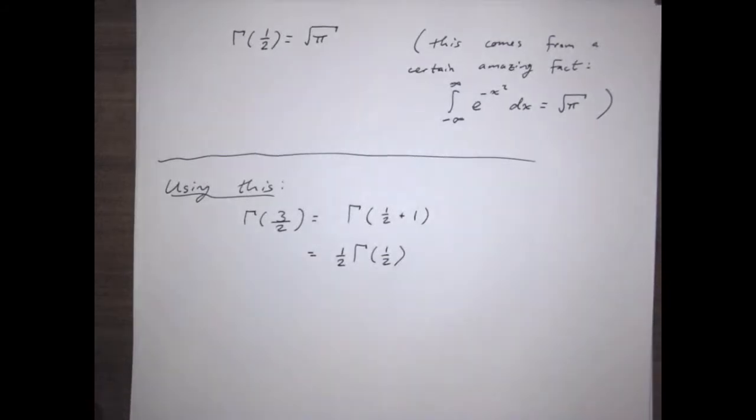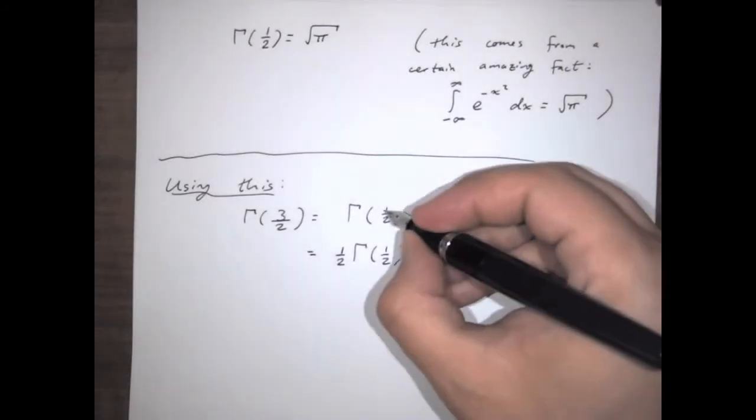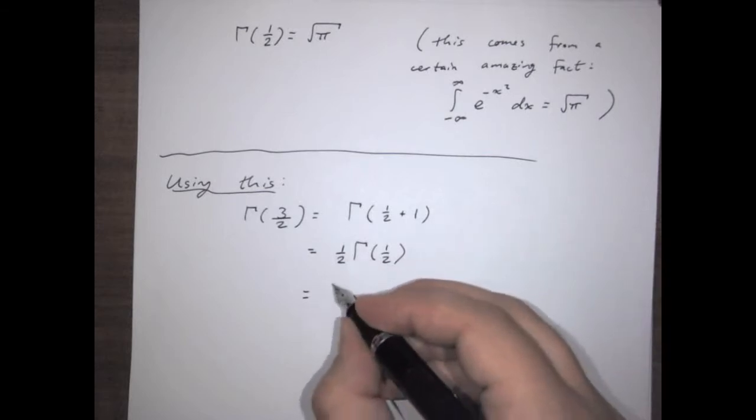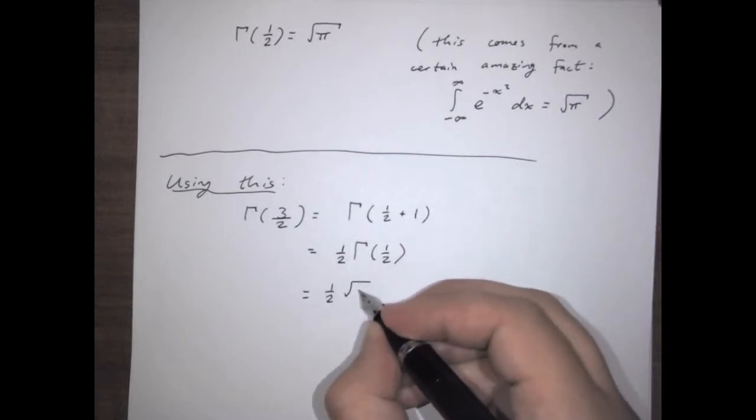So the gamma function has this very weird kind of recursive property where the number here can be pulled out, and then that leads us to 1/2 square root of pi.